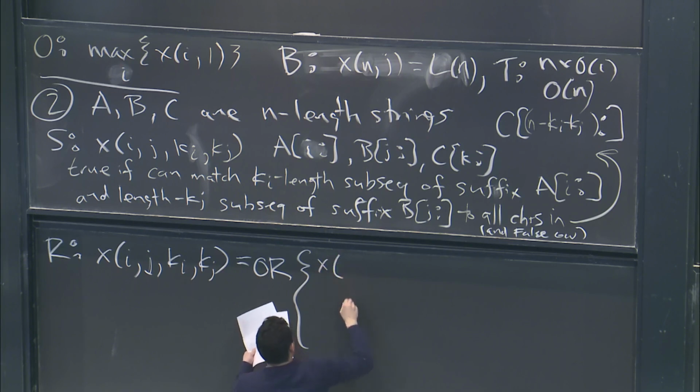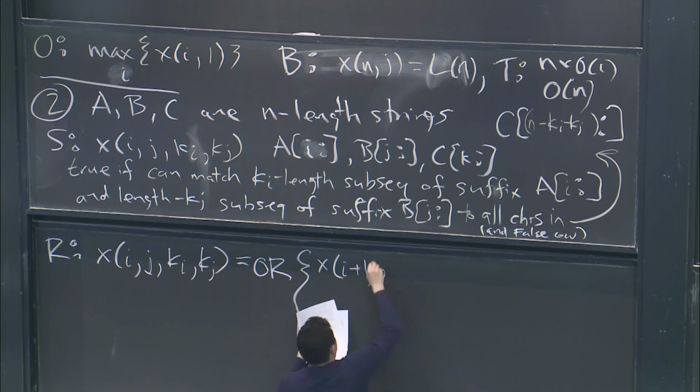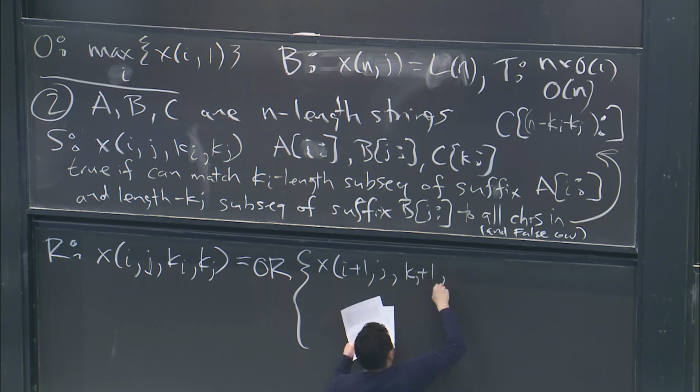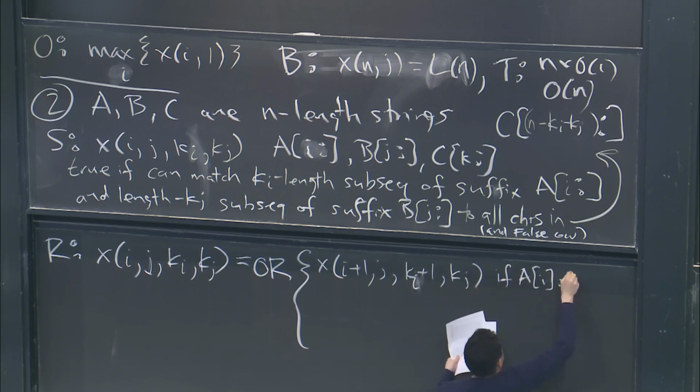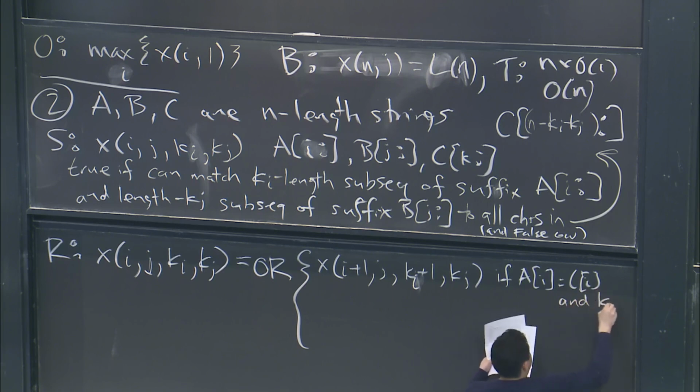So if I match with A, I plus 1, I recurse on a smaller suffix of A, and by adding, oh, this all just works. Great. Ki minus 1, Kj, this is i. If Ai equals Ci, and Ki is greater than 0, right?